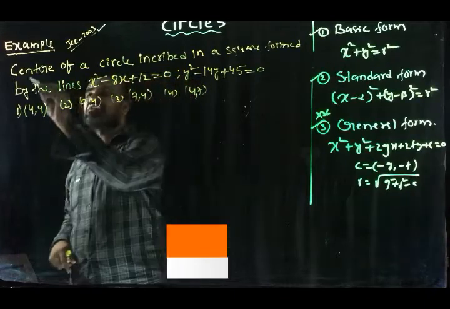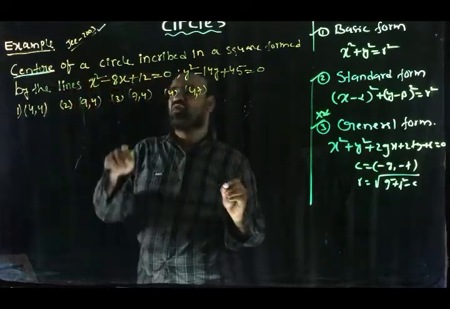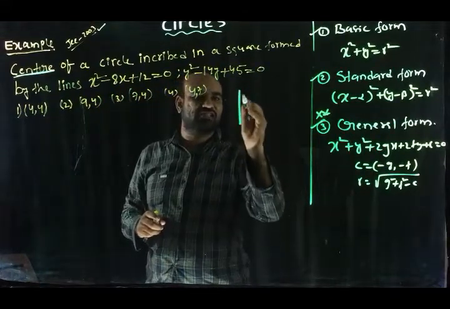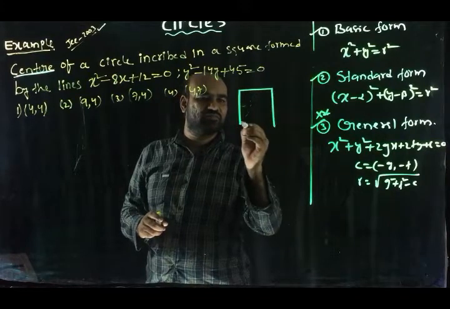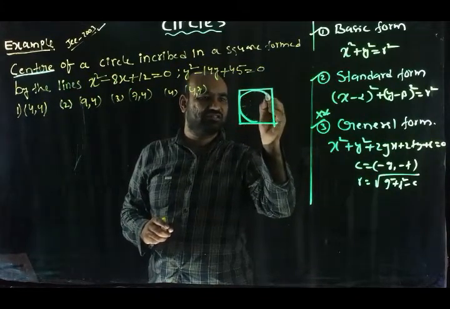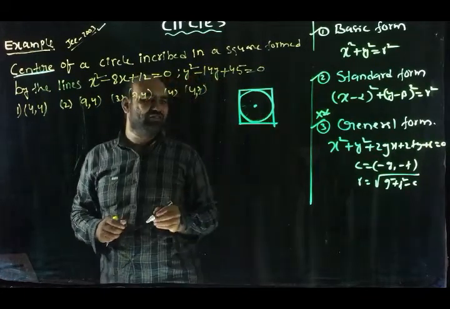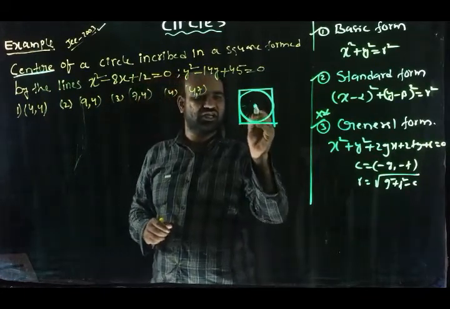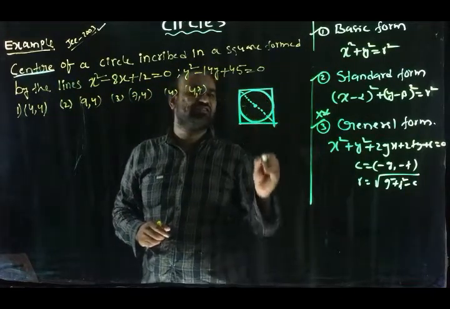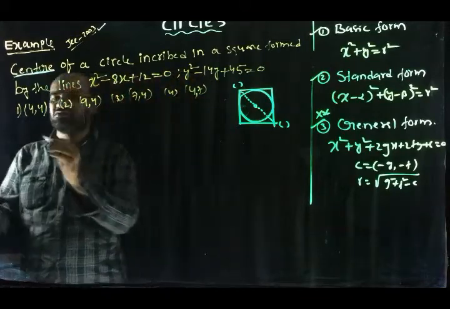We want to find the center of the circle which is inscribed in a square formed by these lines. For example, a square is given like this. A circle is inscribed. We want to find its center. So the center is nothing but the midpoint of the diagonal. First of all, you want to find the equations of the sides. Okay. Solution.